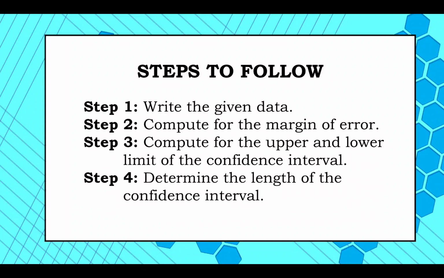Step 2, you will compute for the margin of error using the formula. And then afterwards, if you have the margin of error, you can now apply what you've learned on the previous video, which is to compute for the upper and the lower limit of the confidence interval, so that you will be able to determine the length of the confidence interval.